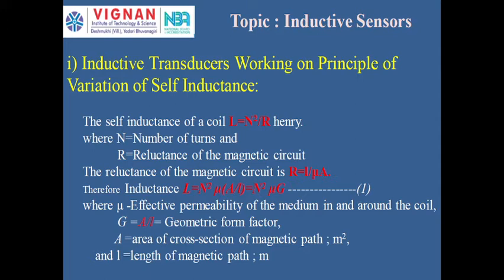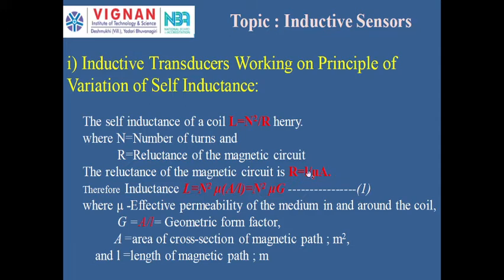Reluctance is, in analogy with an electric circuit, simply resistance. The reluctance of the magnetic circuit is given by R equal to l by mu A, where small l is the length of the magnetic path, mu is the permeability of the medium around the coil, and capital A is the cross sectional area of the magnetic path.